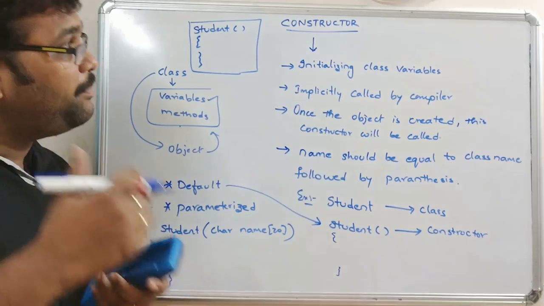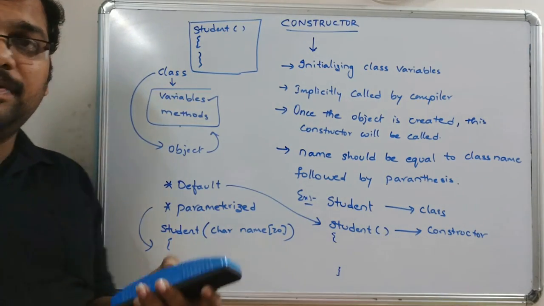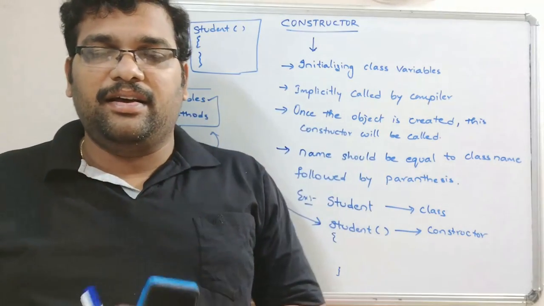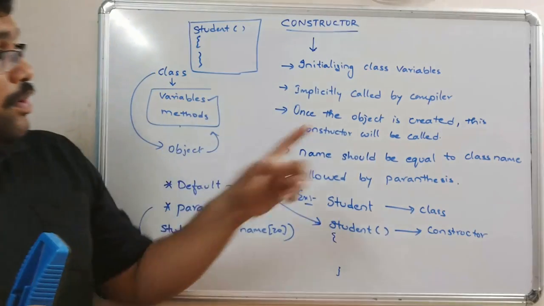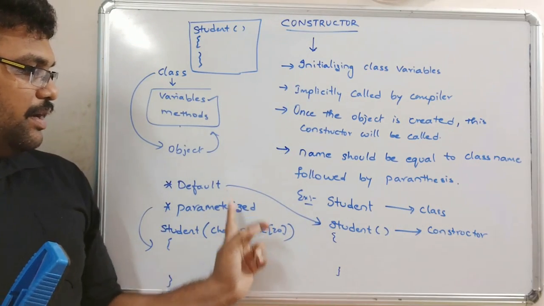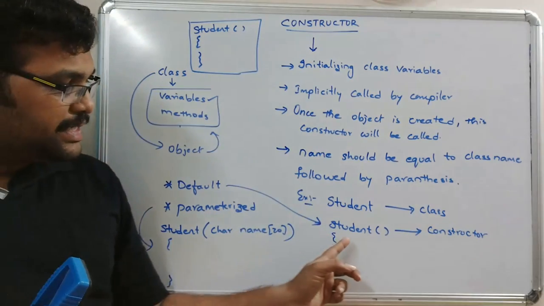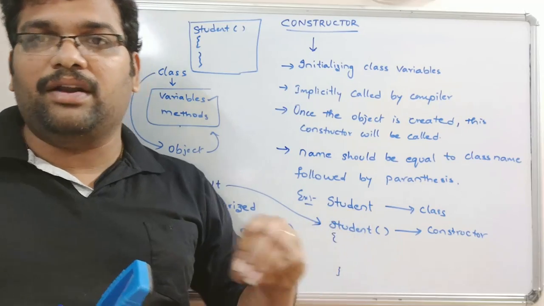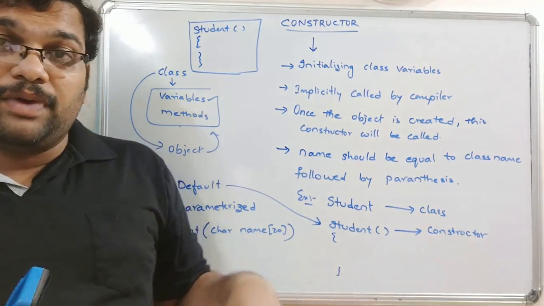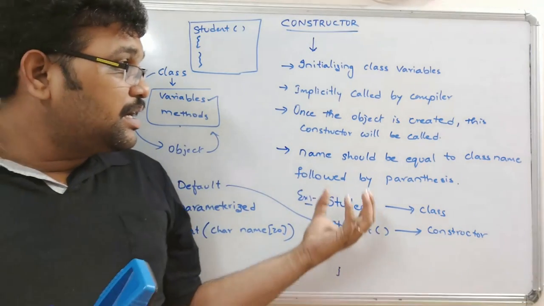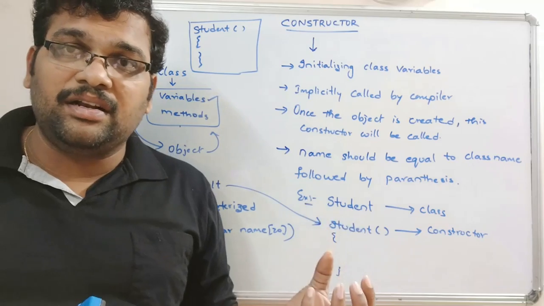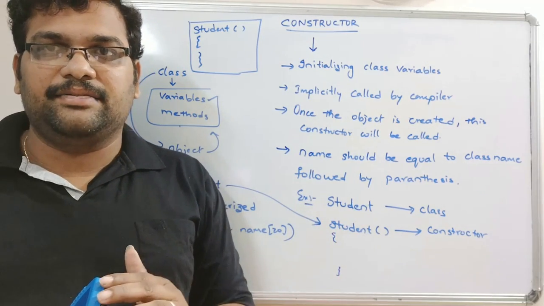Once again I am repeating that the constructor will be executed implicitly by the compiler when the object is created. That constructor can be default or parameterized, and the constructor name should be equal to our class name followed by the parentheses. That's why my statement is that the working of a constructor is similar to a function but not exact.